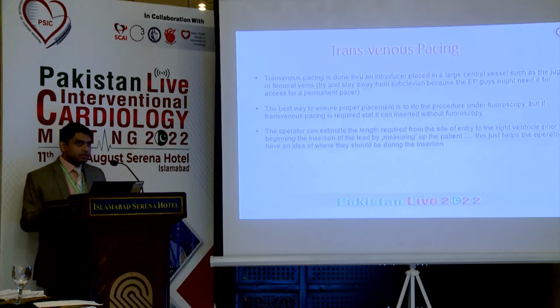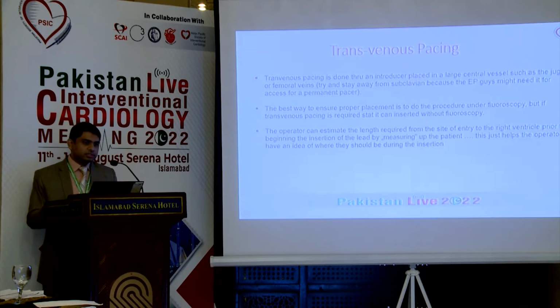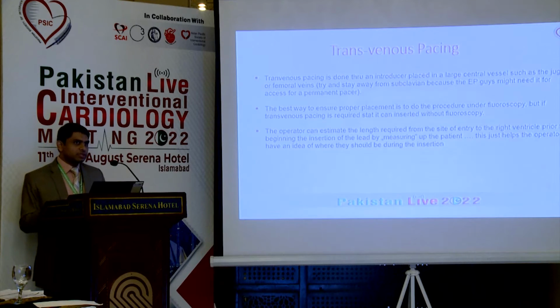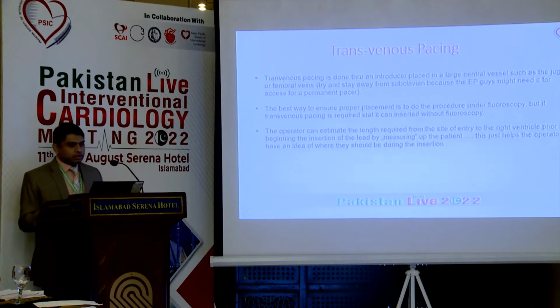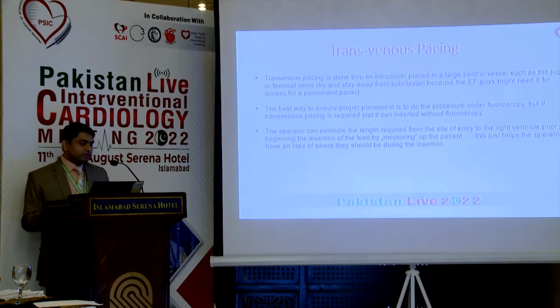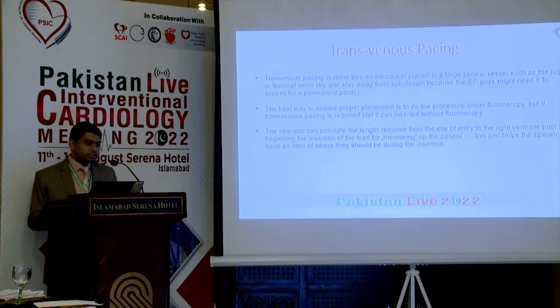The other type, with which we are most commonly familiar, is transvenous pacing. Transvenous pacing is mostly done through the internal jugular vein and the transfemoral vein. We spare the subclavian vein for the permanent pacemaker for patients who need permanent pacing. This should be done preferably under fluoroscopy, but in emergency conditions, you can do transvenous pacing through the internal jugular approach.